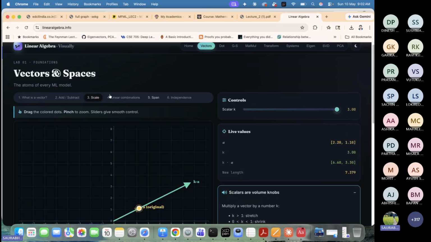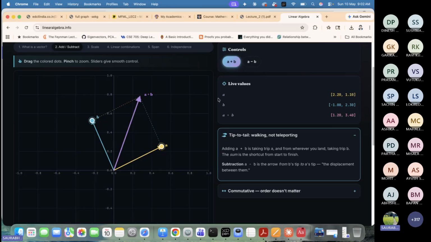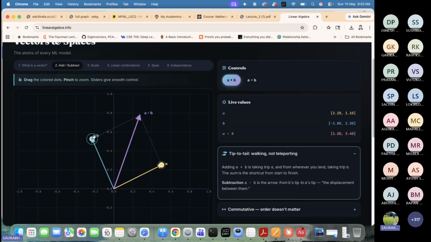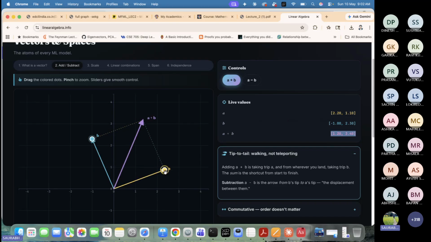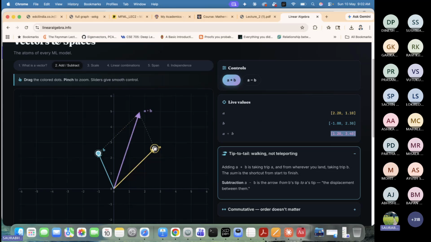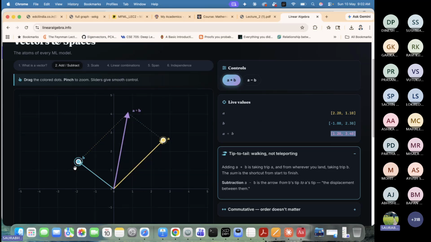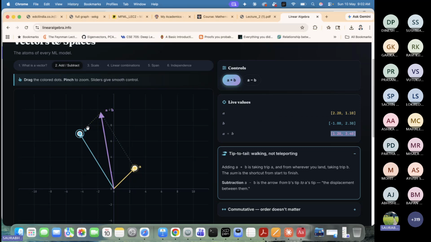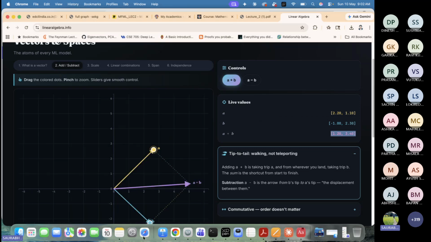Think of it as you have two different vectors here. This is the first vector, in blue on the right hand side. This is the second vector. Once you add them together, you get this purple or pinkish vector, a plus b. Now, when I change a and when I change b, the output vector a plus b is still a part of the space.